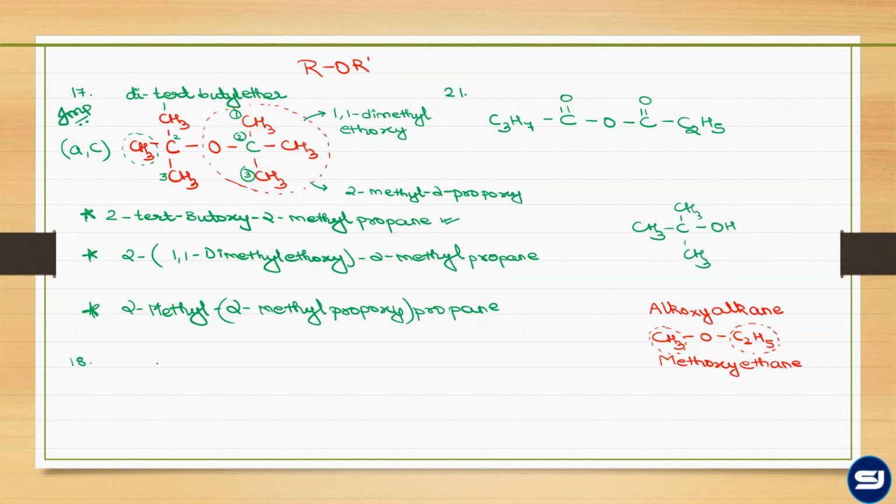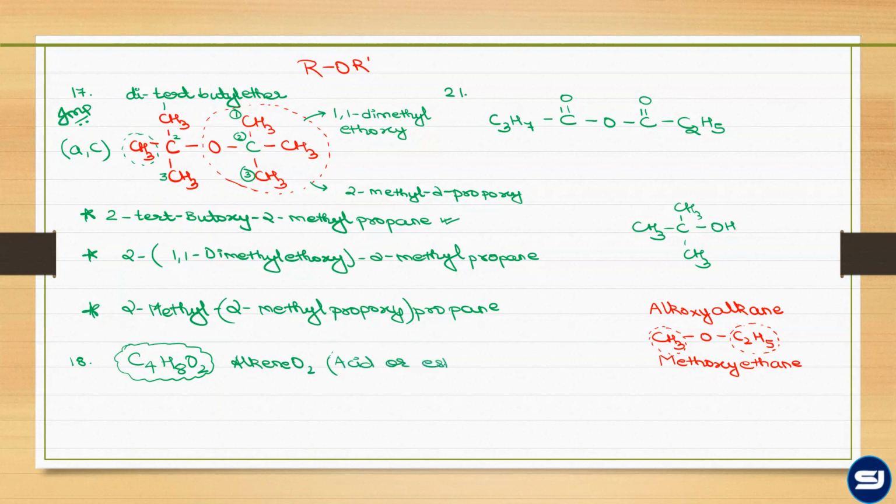Eighteenth, which of the following can be IUPAC name of the compound C4H8O2? Now, just by looking at C4H8O2, क्या strike हुआ? Alkene O2, which represents acid or ester. Perfect.